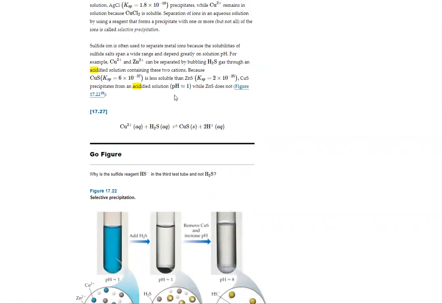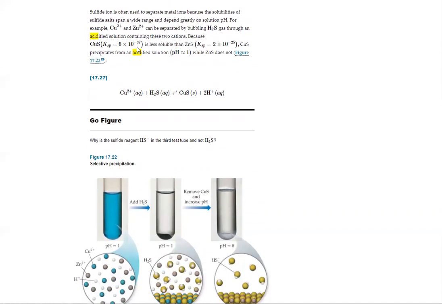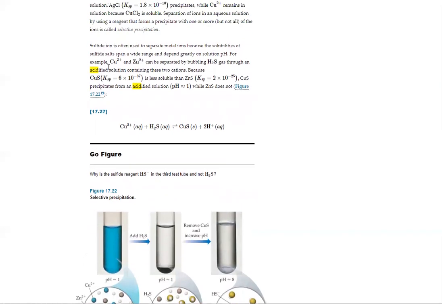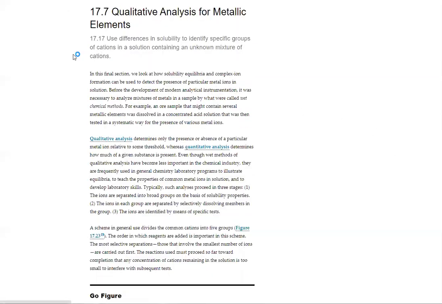So if you have a substance like AgCl and you add hydrochloric acid, it remains in solution because you can separate the HCl and the Cl- if you want. It's a way of getting rid of something chemically that you can't normally separate physically or mechanically. So that is all we need to cover.